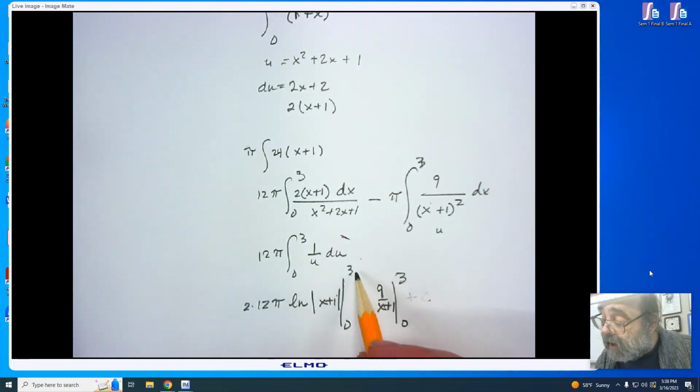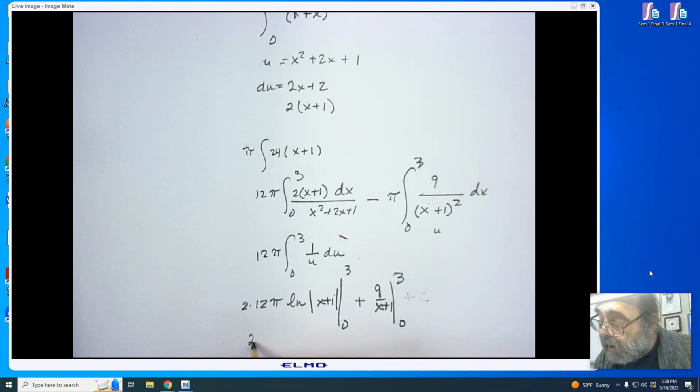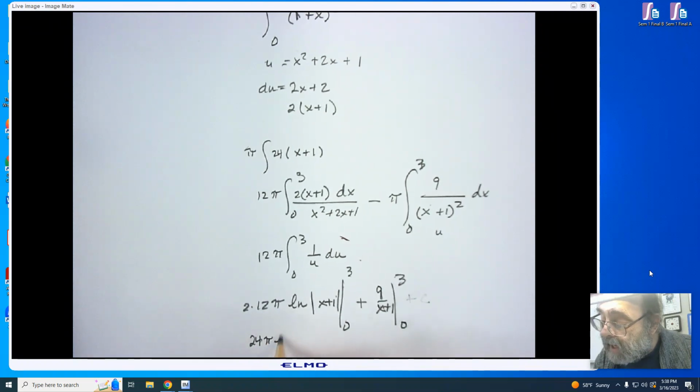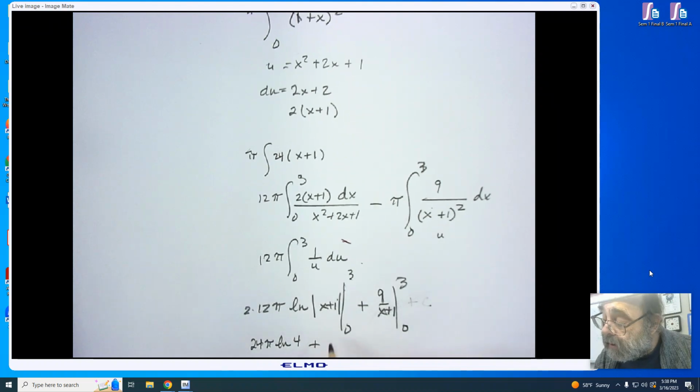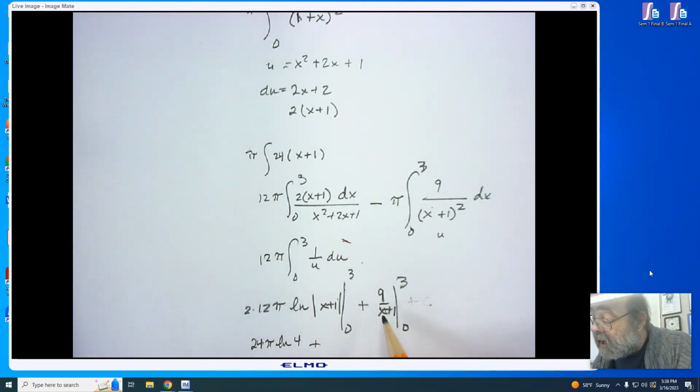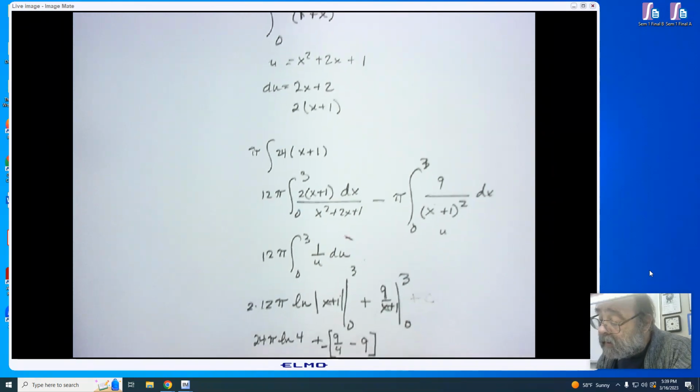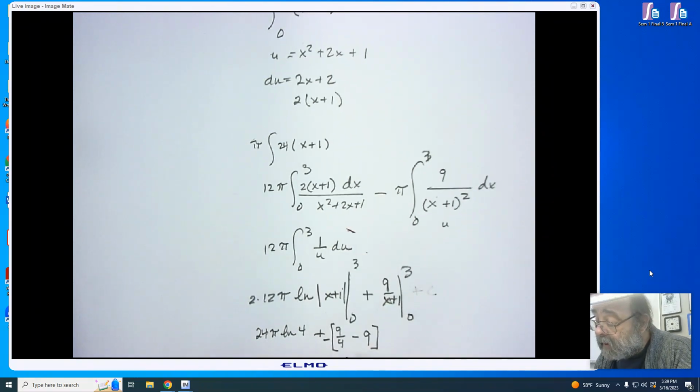So this is giving me 24 pi natural log of 4 plus, that's 0, so we take that away. Then we have, what is that, 9 fourths, so we're subtracting 9 fourths minus 9 wholes, so double negative.